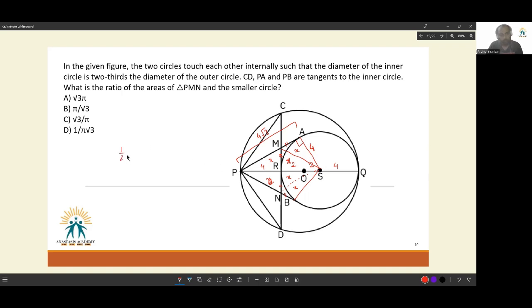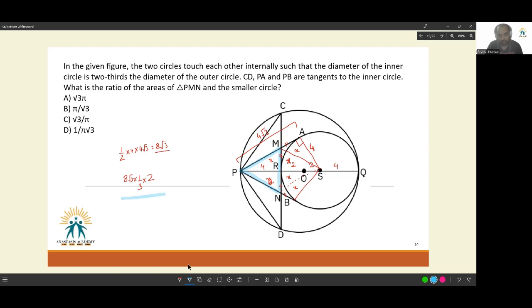It will be half into 4 into 4 root 3, which is 8 root 3. Now 8 root 3, I need 1/3 of that and I need to double it up. So 8 root 3 into 1/3 into twice of that will be the area of PMN, 2x's.